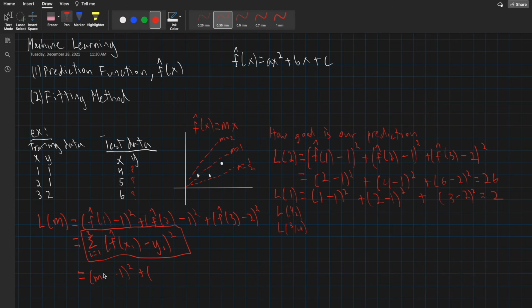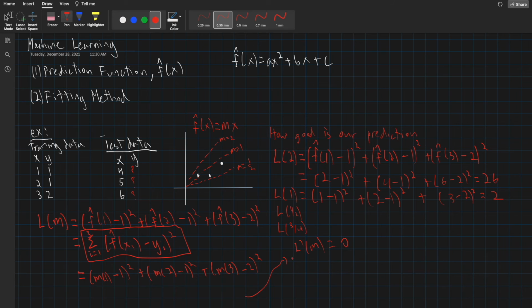So this is m times 1, because we know our value of x, minus 1 squared, plus m times 2 minus 1 squared, plus m times 3 minus 2 squared. So we're trying to figure out the m that minimizes our loss function L. So this means what we're going to do is set L prime of m equal to 0.